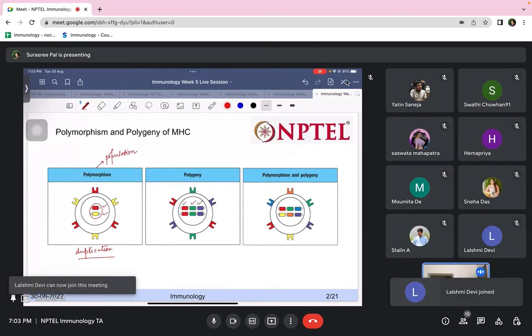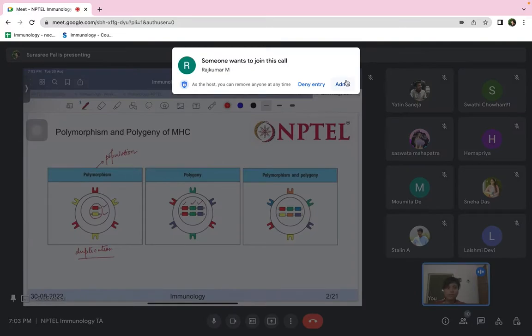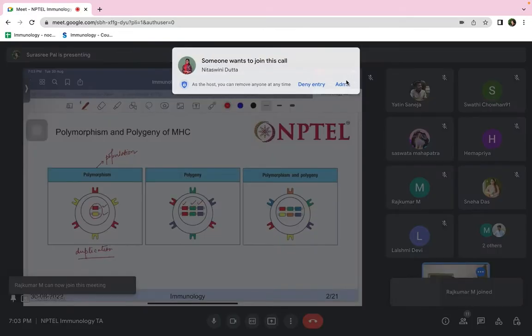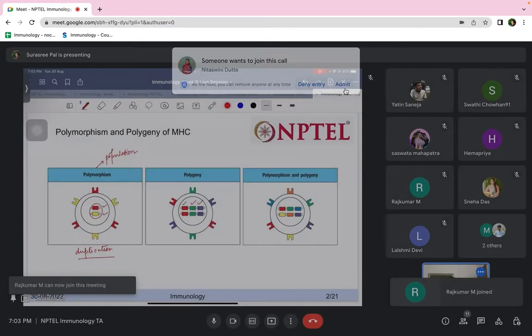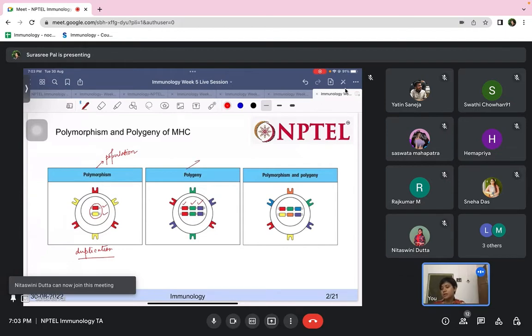Here you can see that there are 3 MHC genes. Usually we know that there will be a single gene for any protein product or for any function, but in case of polygeny you can notice that MHC molecules are coded by multiple genes in any single individual. So this is individual based.